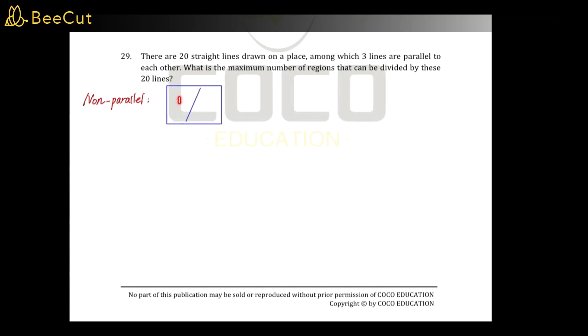1, 2. Then for the same plane, if we get another line, this cuts into 4 regions. So 1, 2, 3, 4.